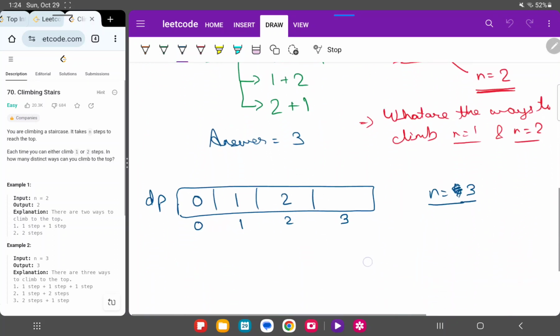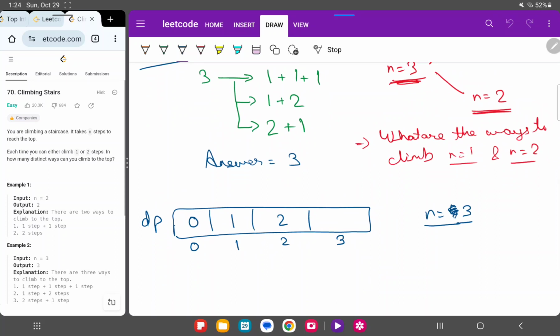Now for n equals 3, what are the ways to calculate the number of ways to climb? The number of staircases is 1 and the number of ways is 1. The number of staircases is 2, the corresponding number is 2. So what are the ways to get to n equals 3 from n equals 1? One is this and then this, or the other way is this directly, right?